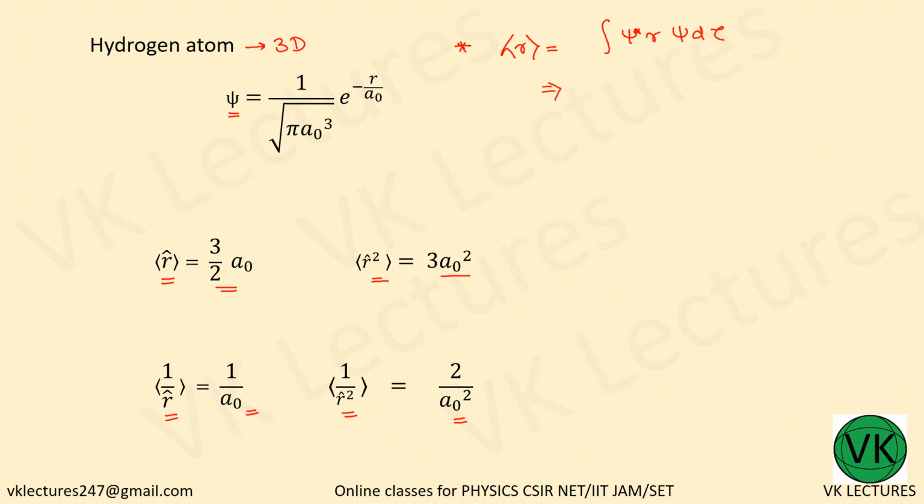So we have the integral of psi* r psi dτ, where dτ is r² dr sinθ dθ dφ. This means you have to integrate psi* psi r³ dr times the integral of sinθ dθ and dφ. So this becomes a triple integral, and this is how you have to solve the expectation value problem in 3 dimensions.